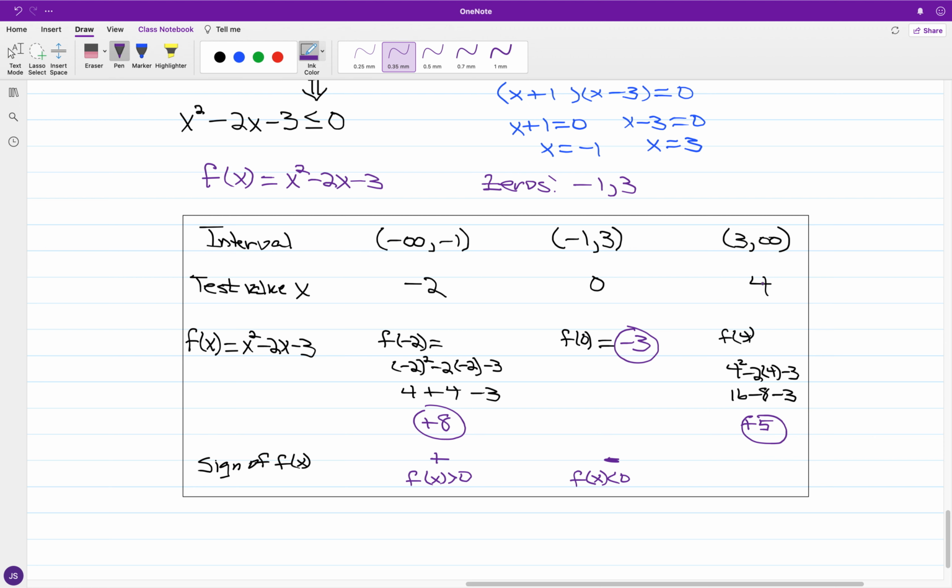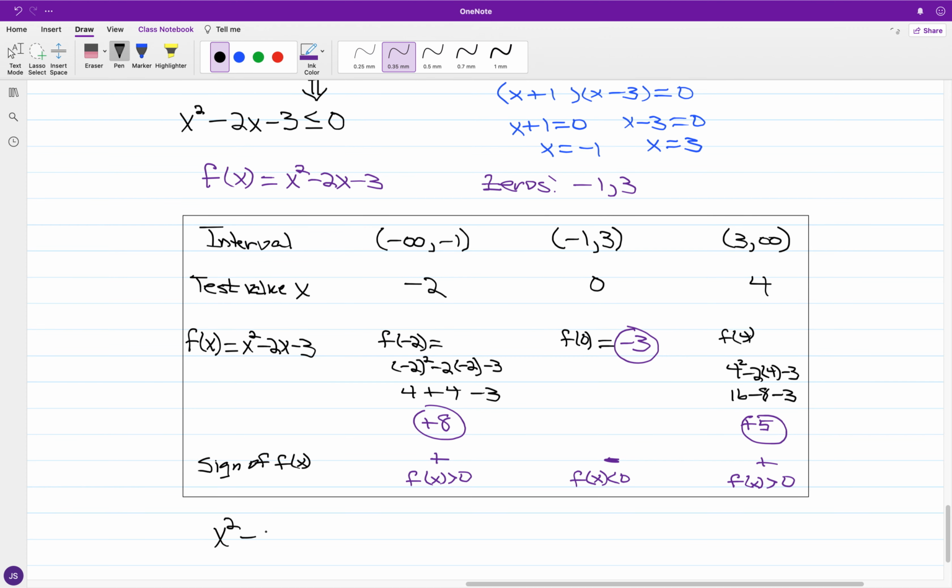And anything we plug in greater than 3, such as 4, the output is going to be positive. So again, f of x is greater than 0. So we got positive, negative, positive.